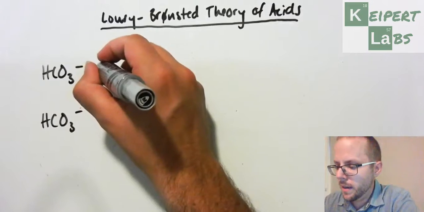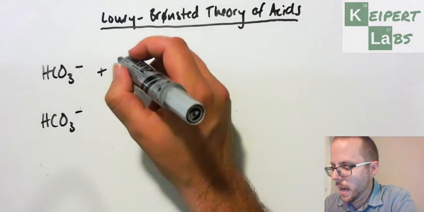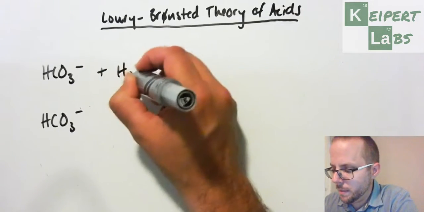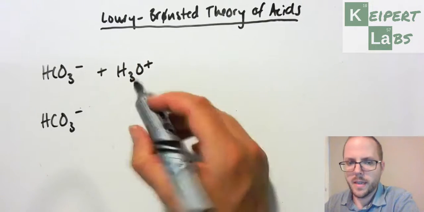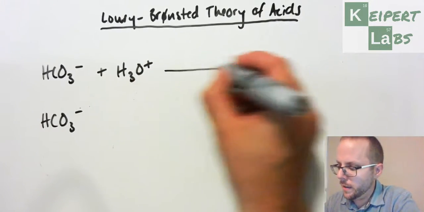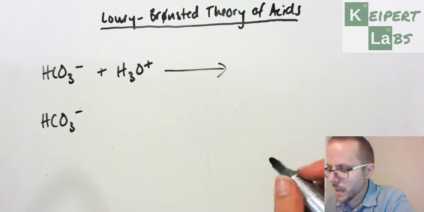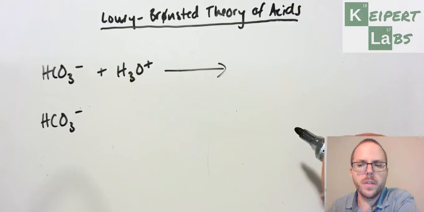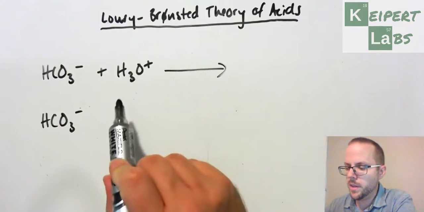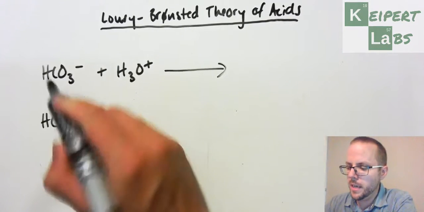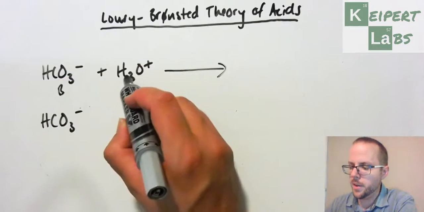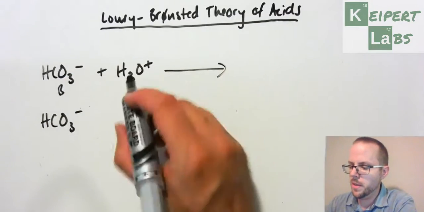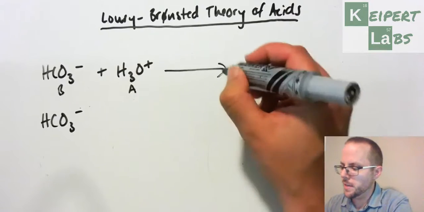Let's say I combine this with something that's an acid. Bicarb plus an acid. We're going to get some fizzing, which is one of the things we'd observe, but first of all it starts with this equation. What's going to happen is that in this situation it's going to act as a base, and it's going to accept one of these protons that the hydronium is going to donate.